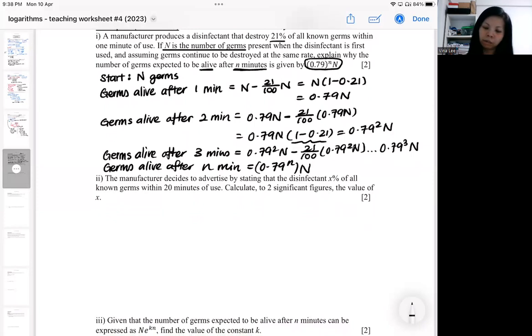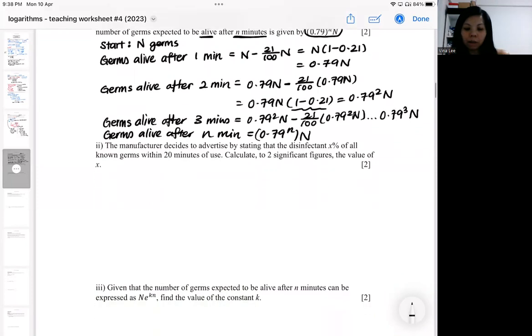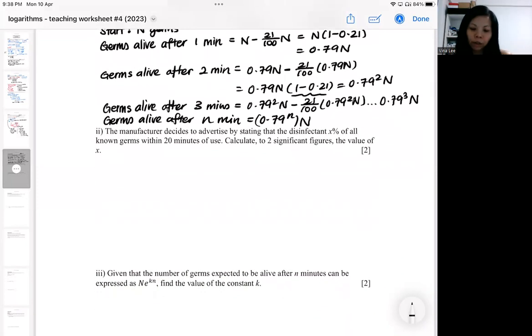In the next part, bear in mind that from the first part, we already have a formula for the number of germs alive after n minutes. The manufacturer decides to advertise by stating that the disinfectant destroys X% of all the known germs within 20 minutes.